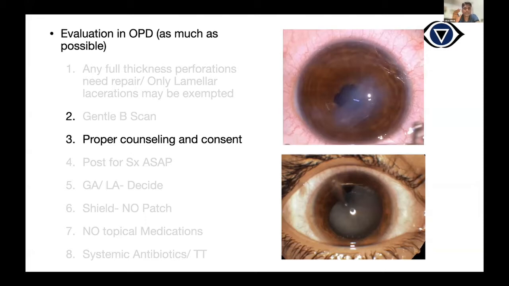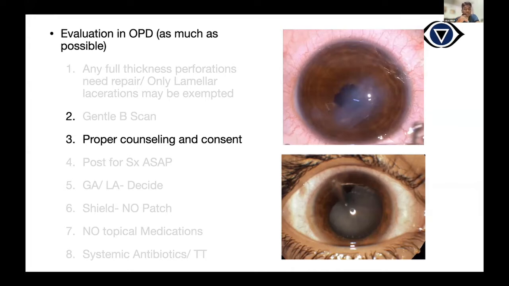Extremely important, more important than the suturing per se, is proper counseling and consent. You need to tell the patient that this is just a repair. We are going to see what is there in the back of the eye, in the retina, later on if needed. It is not for vision that we are operating at the moment. We are doing just a primary repair.